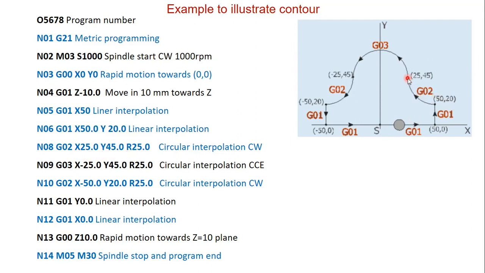Okay, then once I reach here, again I have to check the endpoint. The endpoint is this, minus 25, 45, again counterclockwise direction at a radius of 25. So same G03, minus 25 endpoint and the radius. So like this, again we have to continue one more, and then again linear interpolation, that is here, and then I have to reach my original point, that is S. And once I reach here, the tool has to come up to a distance of 10 mm above the workpiece, and then we rapidly move, and then we can stop the operation using M05 and the program end M30.